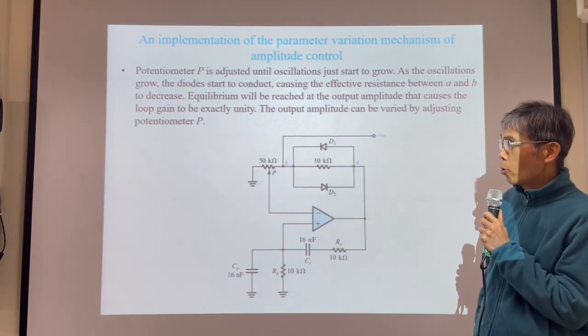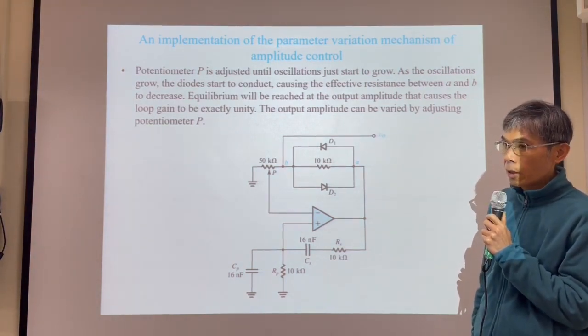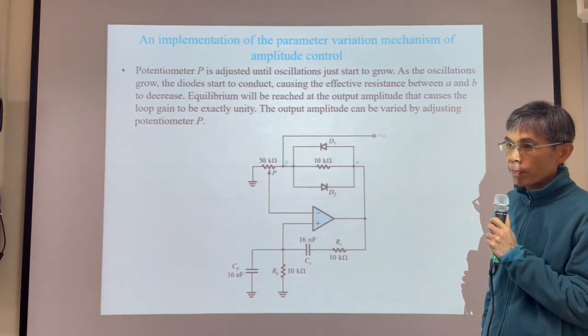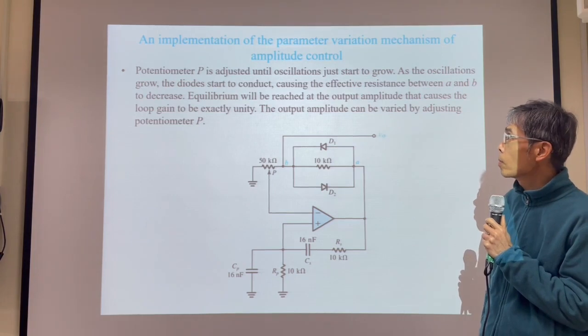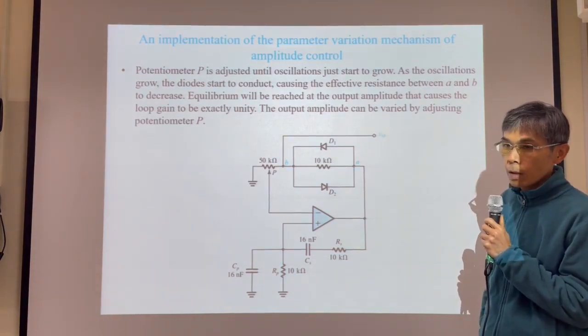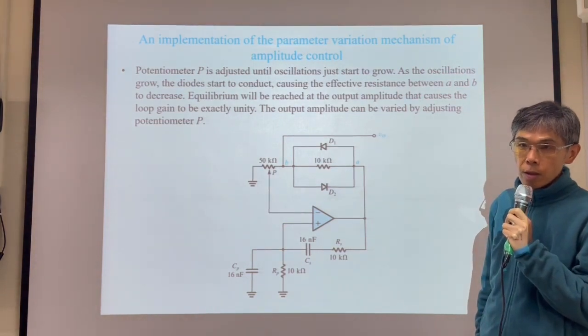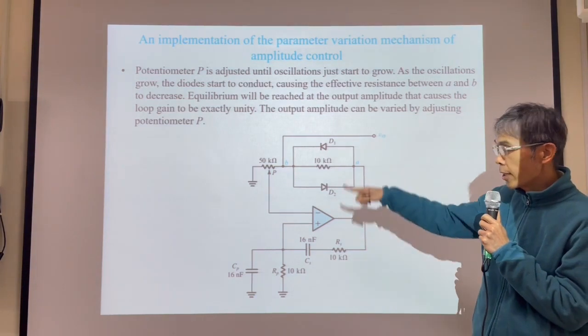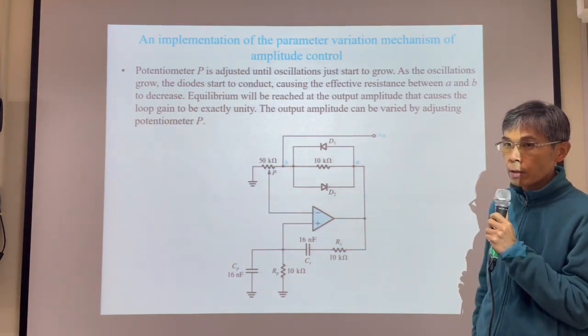Okay, why loop gain should be 1? I mean, why loop gain should be 1? In this case, why?